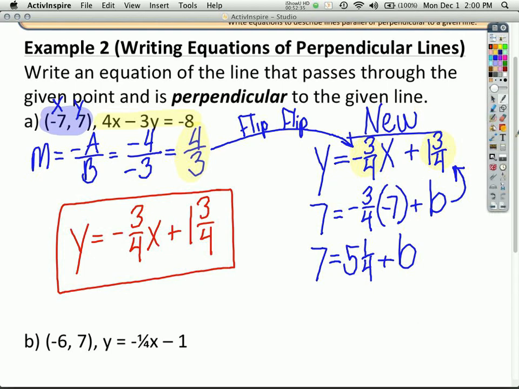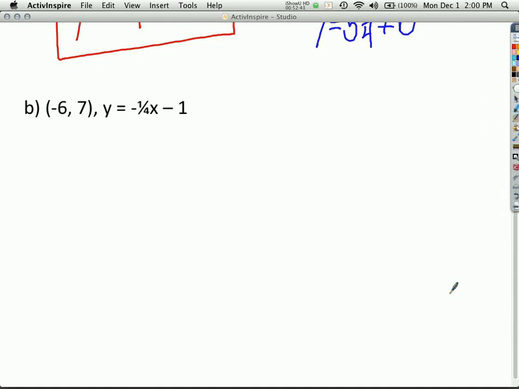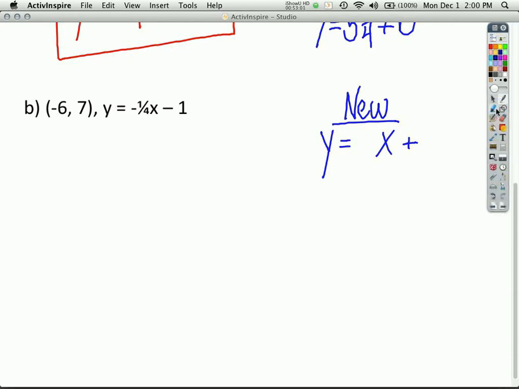So let's go ahead and look at part B. Same instructions. Write an equation of a new line. And the new line is going to be perpendicular to this line. So it's going to be y equals mx plus b.